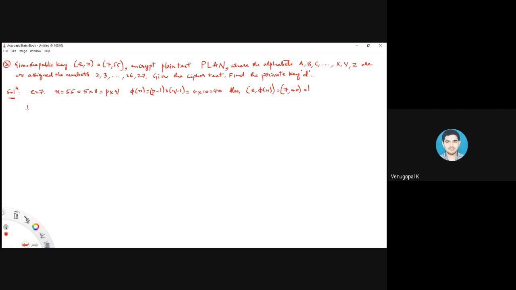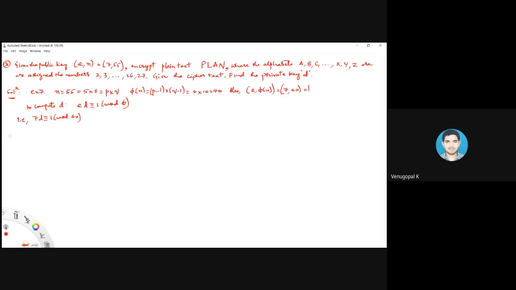So to compute D, we have the relation ED should be congruent to 1 mod phi of N. That is, 7D should be congruent to 1 mod 40.